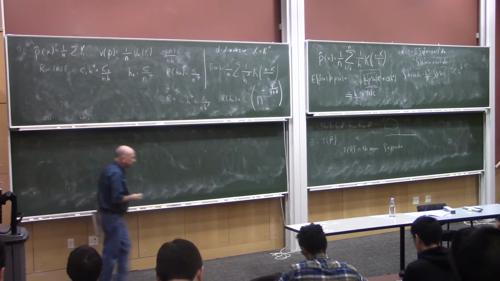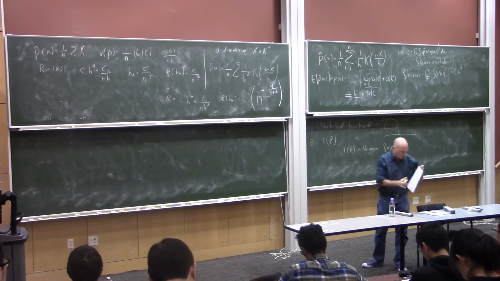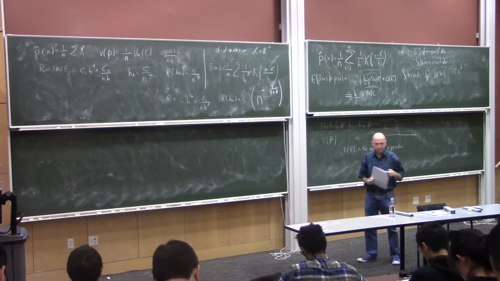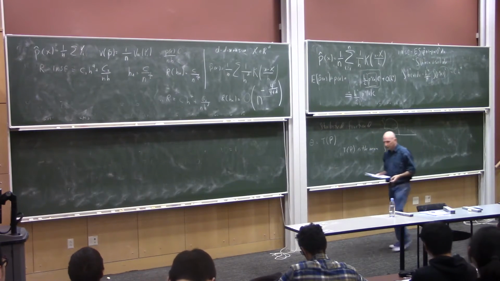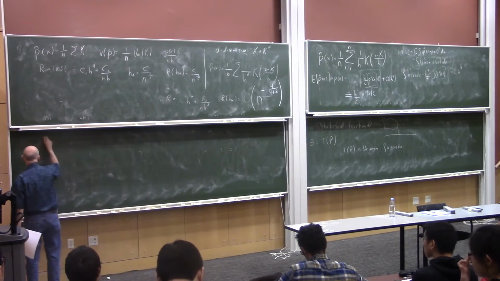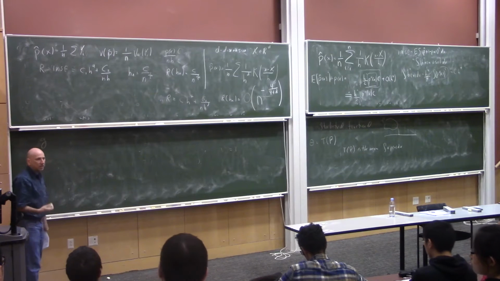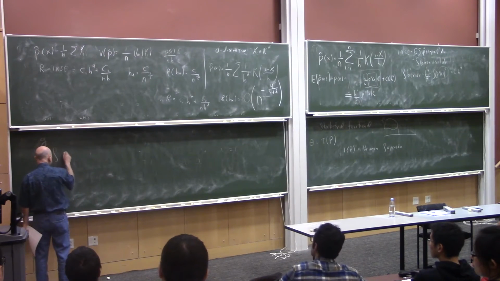I want to be able to write the integral of a function, like I just did, with respect to the distribution, but I'm going to often write it in what looks like a weird way. So here's a given function g, and I want to talk about the mean of g.